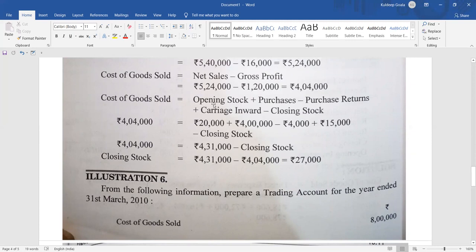Opening stock was 20,000. Purchase was 4 lakh. Purchase return was 4,000, and carriage inward was 15,000. Closing stock will remain as it is. After making the calculation, we can see that the closing stock is coming 27,000. I know you are all aware of the addition. So the closing stock is 27,000 rupees.